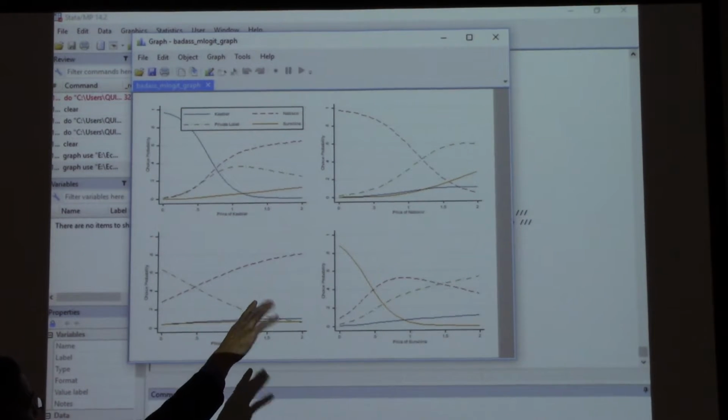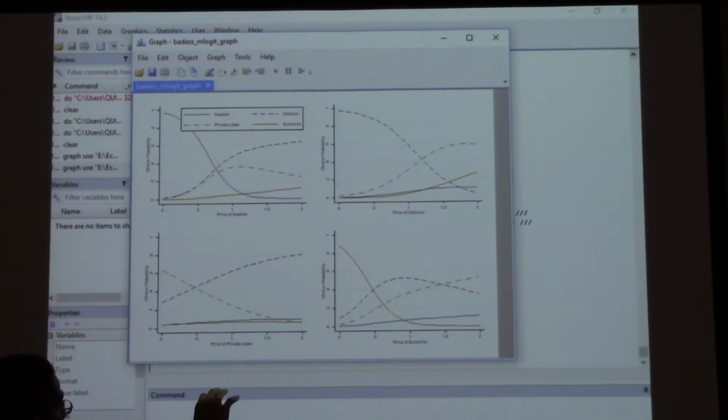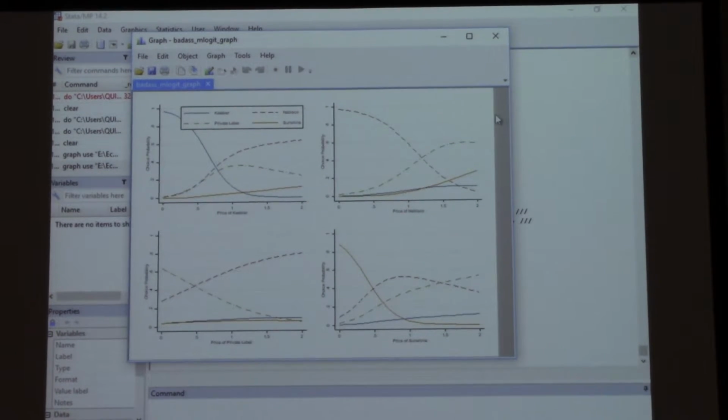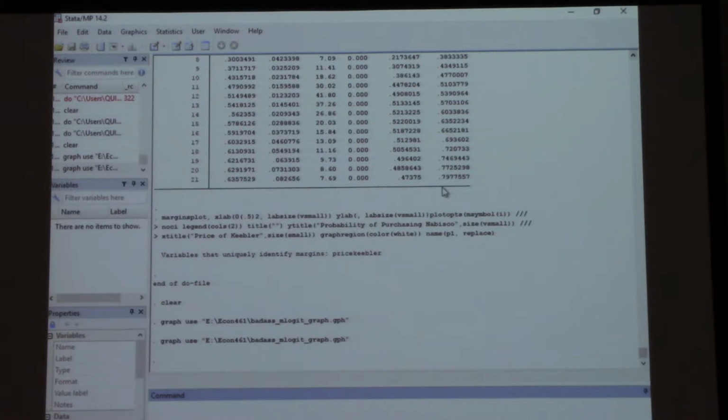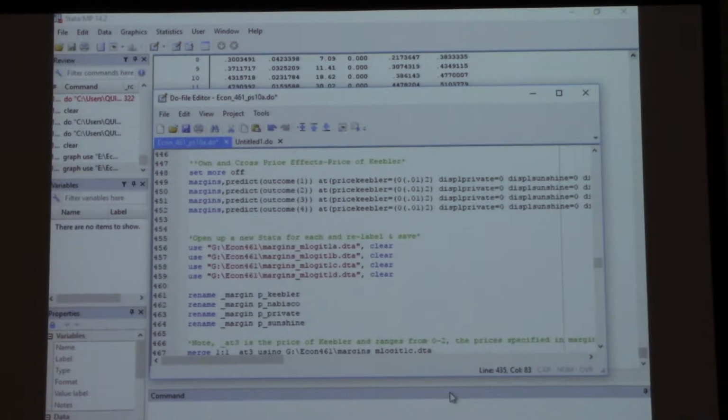Those 4 margins are all run across the price of Nabisco, all across the price of private label, and all across the price of Sunshine. So in essence, it really boils down to copy and pasting now. But you got to understand what you're doing, which makes sense. So we set everything equal to 0, like we did before.